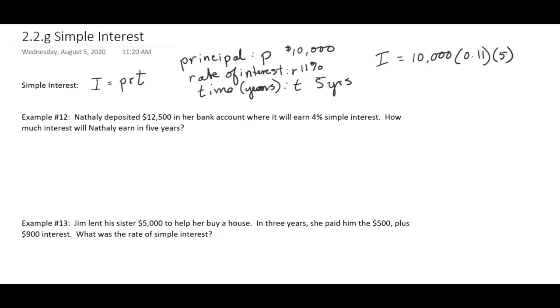You're going to pay $5,500 in interest over 5 years.